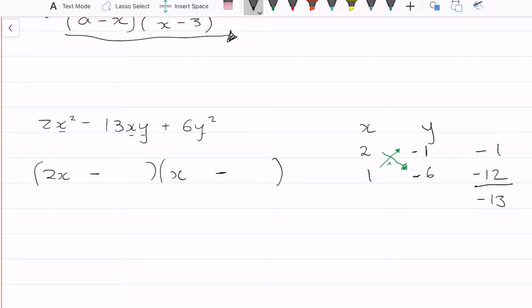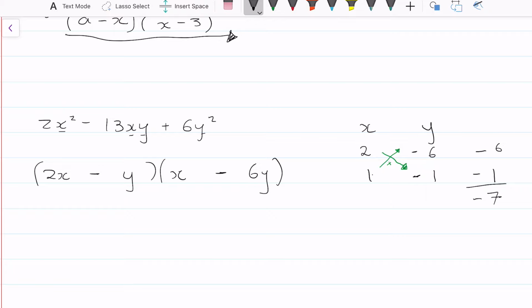So we know that it's going to be 2x minus y, and we know it's going to be x minus 6y. Let's say we got these the wrong way around. See if we get the same answer. If we had a 6 here and a 1 here, then we have minus 1 and minus 6, which gives us a sum of minus 7.